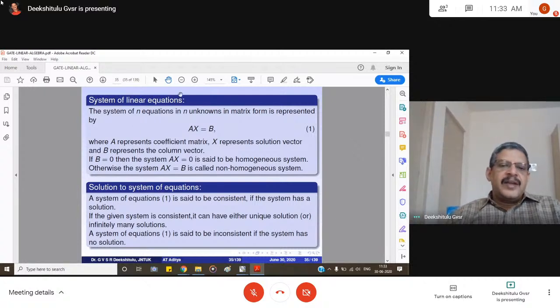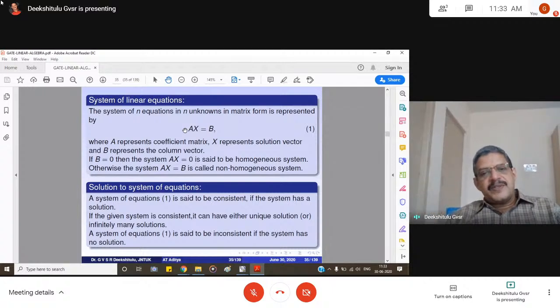Like that we have m equations in n unknowns, and the whole system of equations can be expressed in the form Ax equals B, where A is called the coefficient matrix, B is a column vector, and X represents the solution which we want to find.